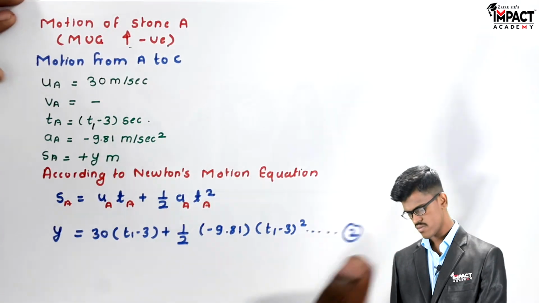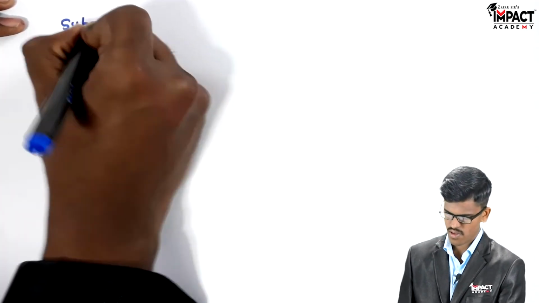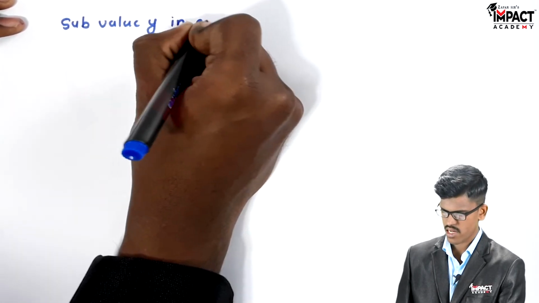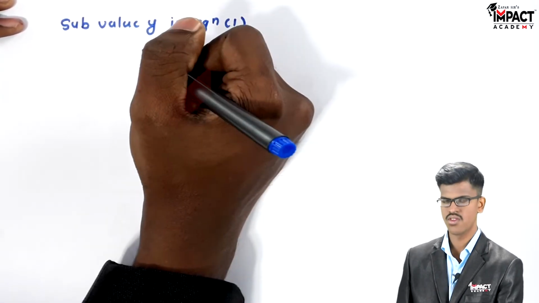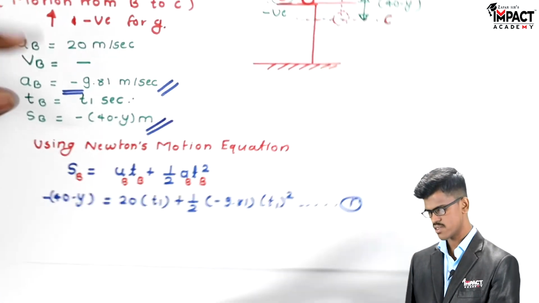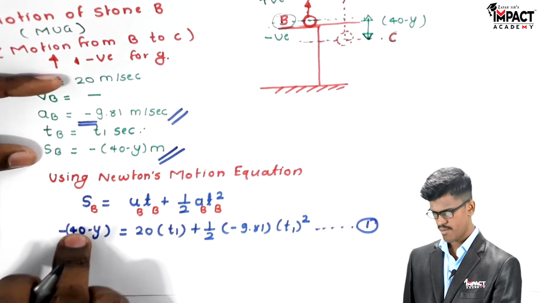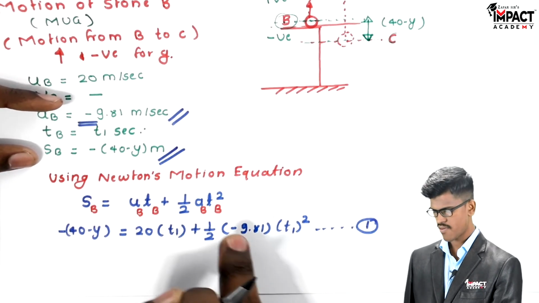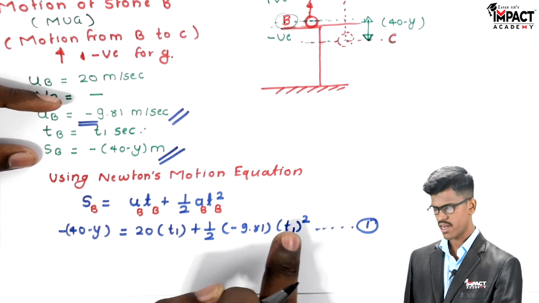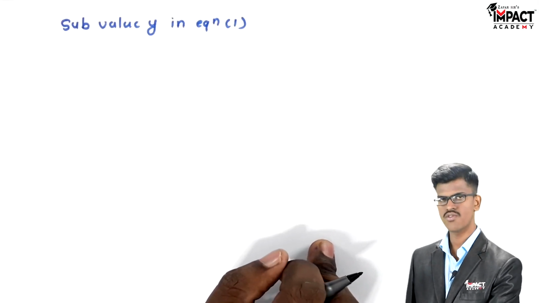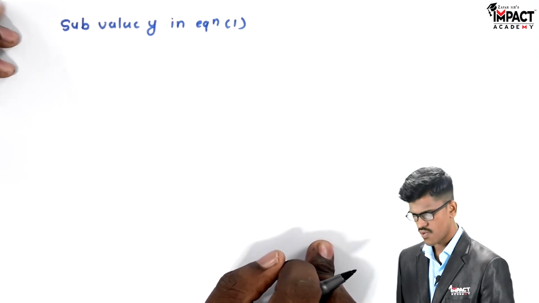Okay, so substitute the value of y in equation 1. What is equation 1? Equation 1 is minus 40 minus y is equal to 20 t1 plus half into minus 9.81 t1 square. We substitute the value of y in equation 1.